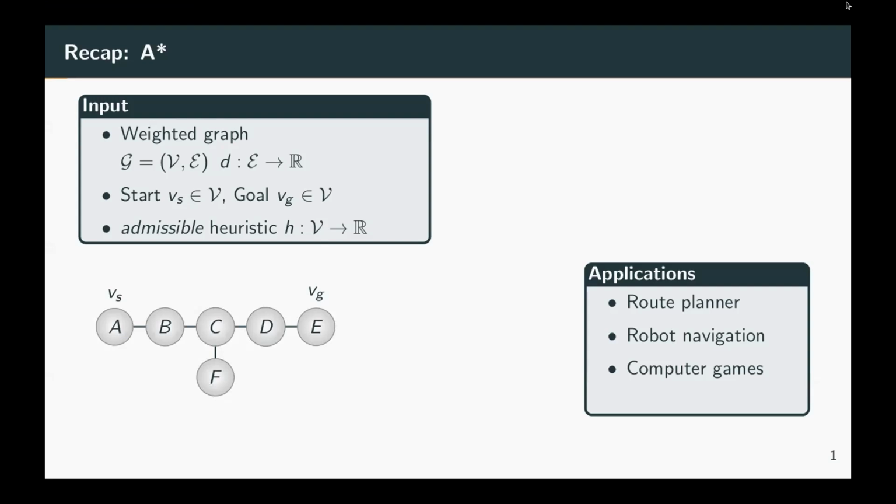We are also given the start vertex and the goal vertex, and another function that is known as a heuristic. So this is a function that maps from a vertex to a real number. And typically we assume that the heuristic is admissible, which means that it should only lower bound the true cost to your goal.